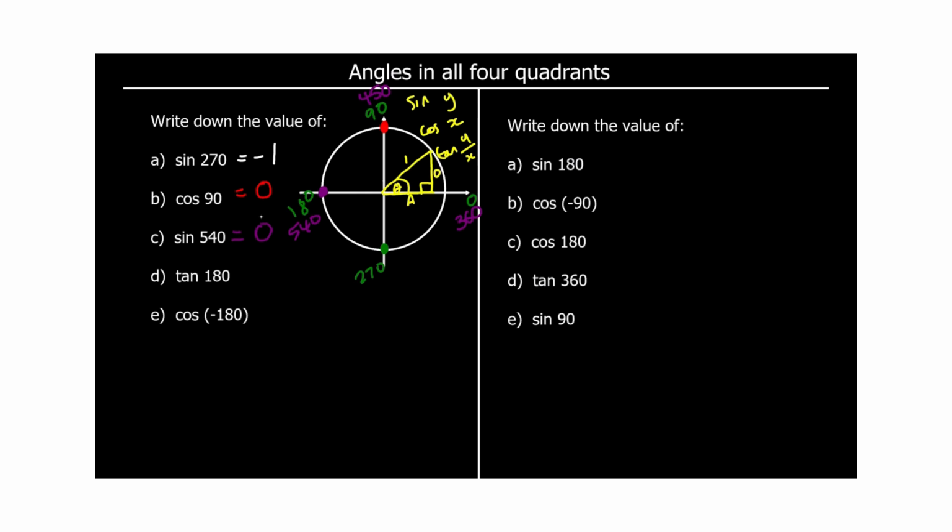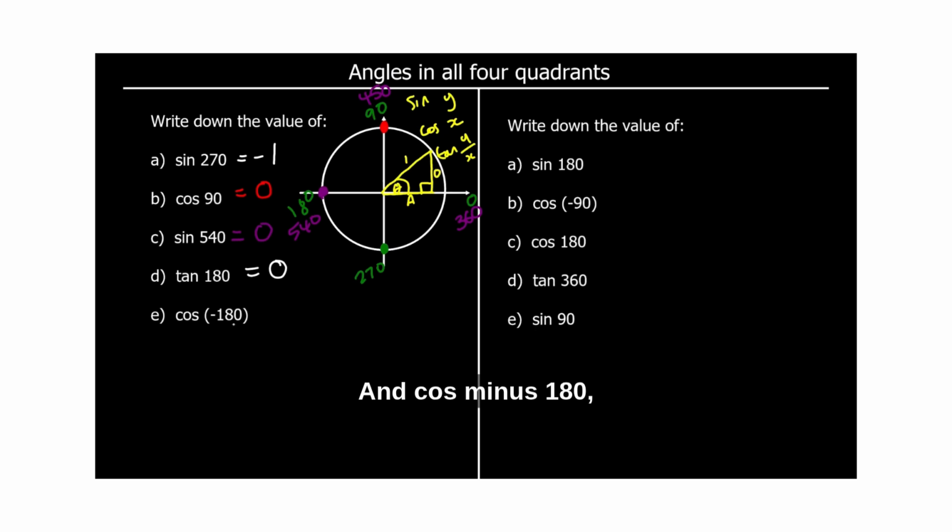It's 0. Tan 180. So tan is the y-coordinate divided by the x-coordinate. So that's going to be 0 divided by -1. 0 divided by -1 is 0.